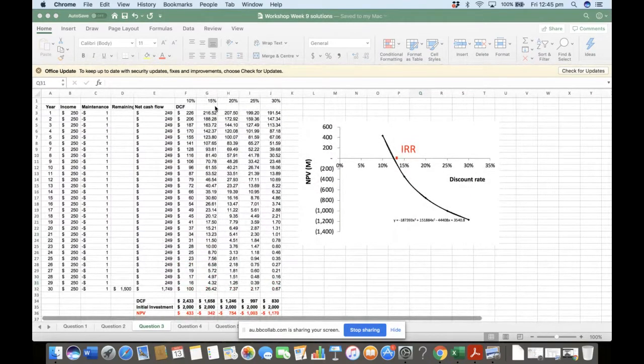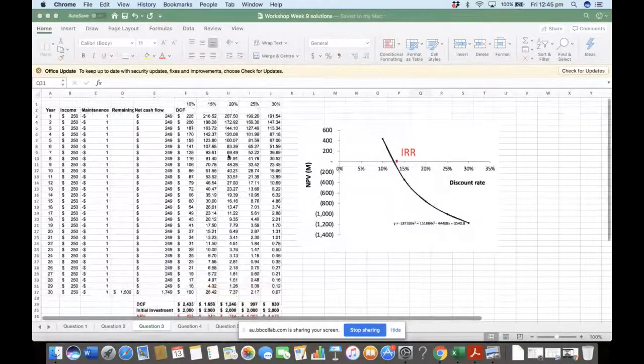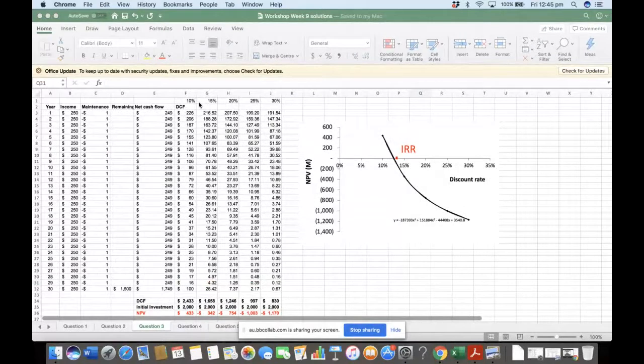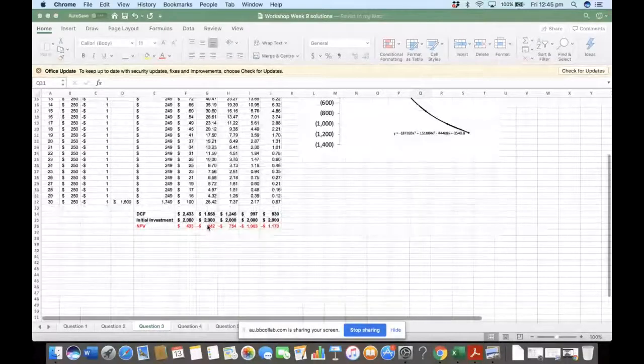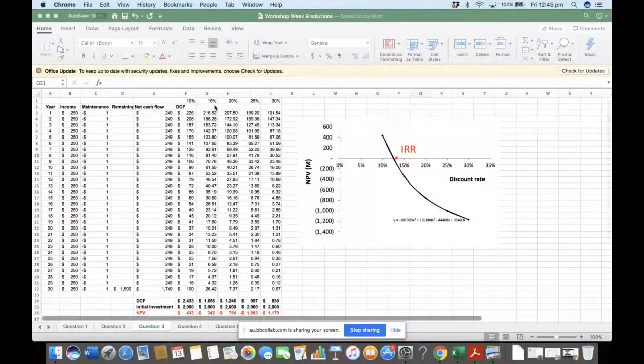So it is safe to assume that your IRR is going to be somewhere between these two numbers, right? Because your IRR is that interest rate where your net present value is equal to zero. So somewhere between this positive and negative, there is going to be zero, right? So your IRR is somewhere between 10 and 15%.